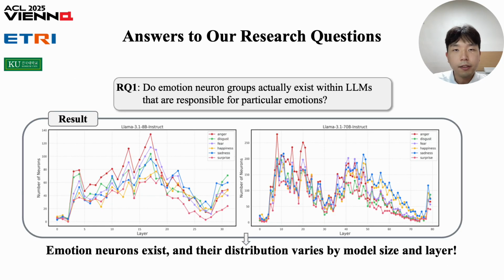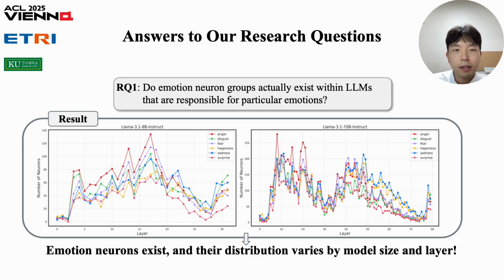Now for our findings. For RQ1, do emotion neurons exist? The answer is a clear yes. We identified distinct neuron groups for all 6 emotions in both llama models. These graphs show their distribution across layers. It's not random.